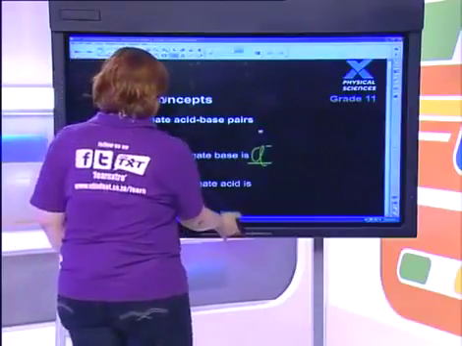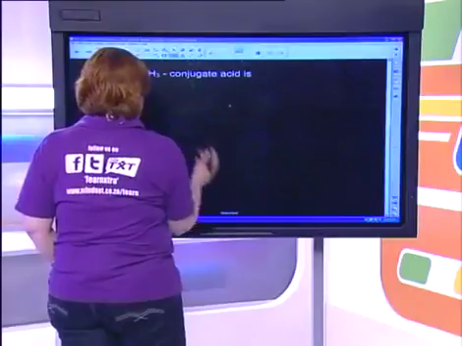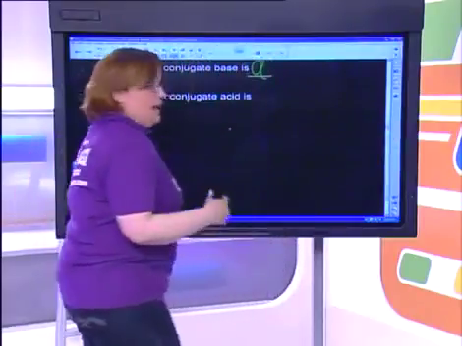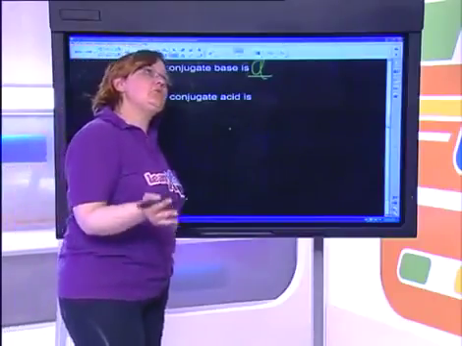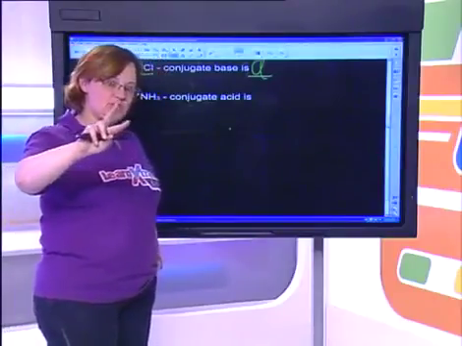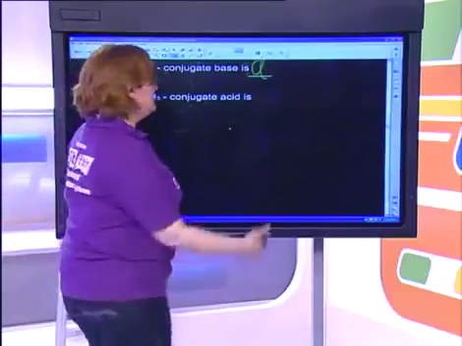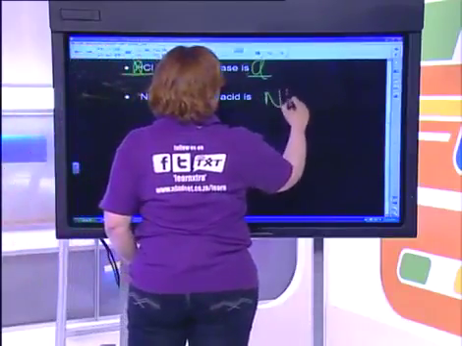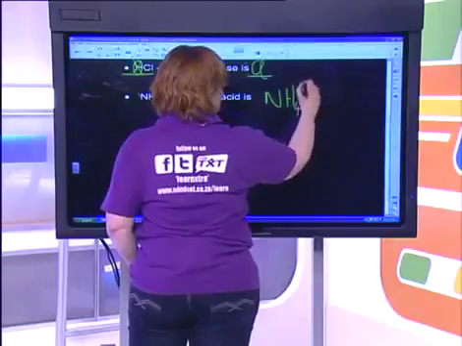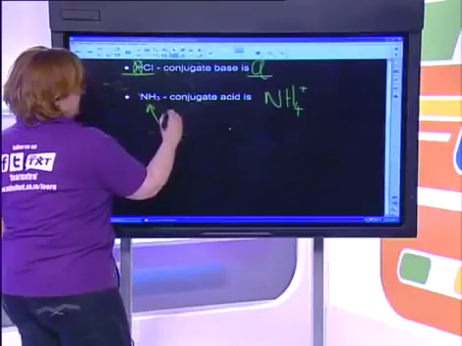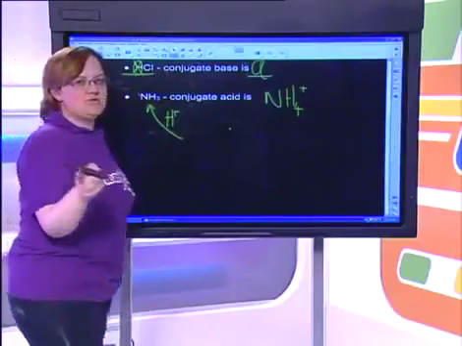If we consider ammonia, now ammonia is a little different, okay, in that ammonia is a base, which means it needs to accept a hydrogen, and then it forms ammonium ions, which is NH4 plus, because remember we add an H plus to it, which of course you learnt about when you did the dative covalent bond earlier this year.